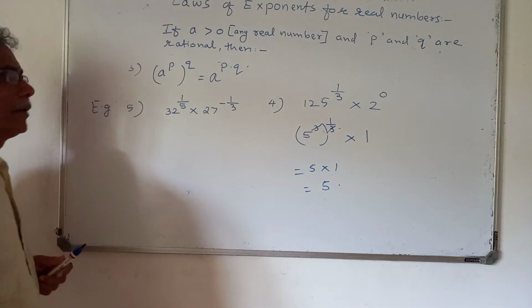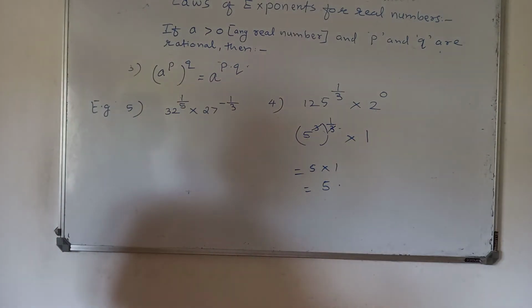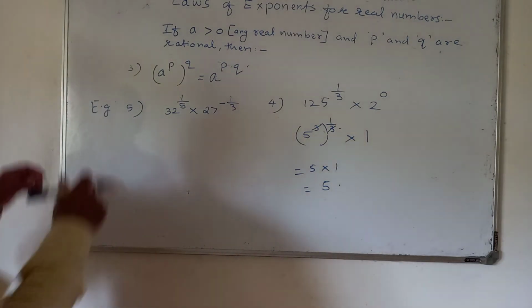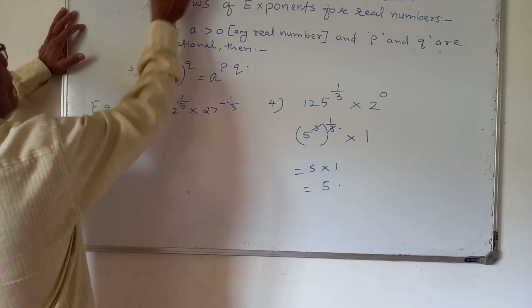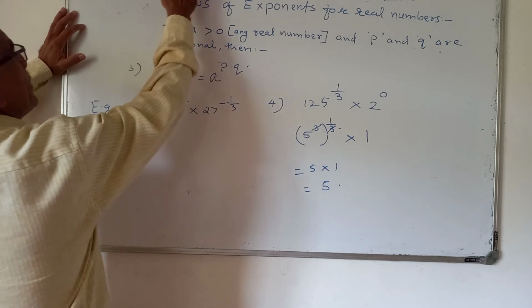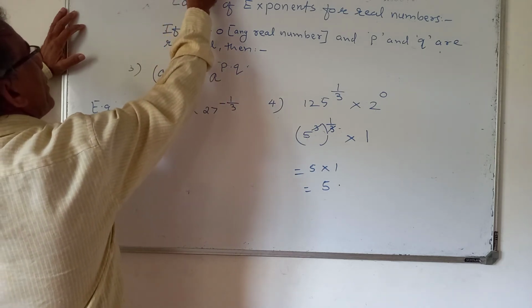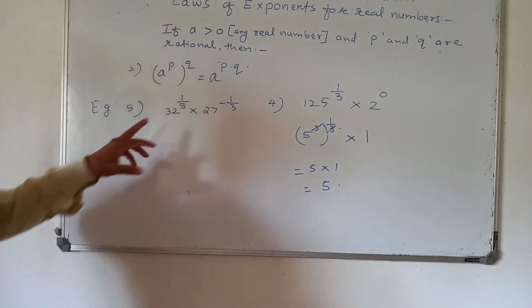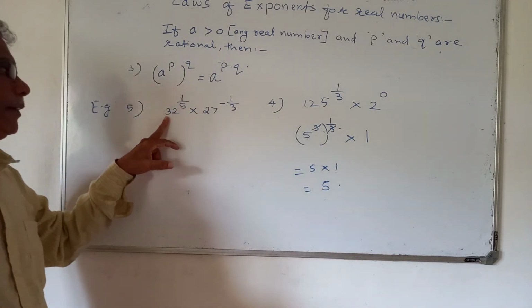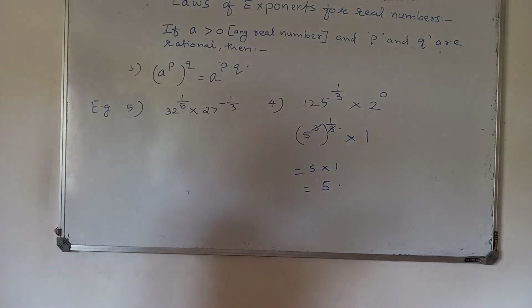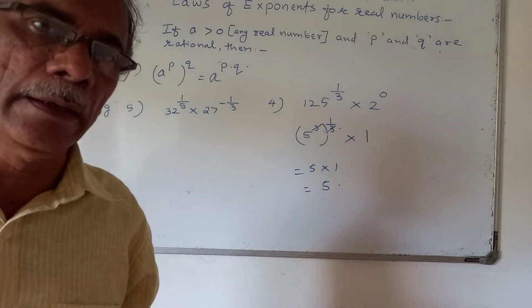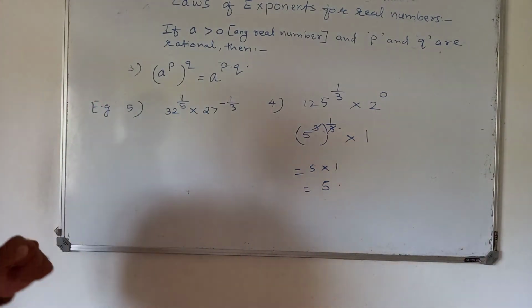So 32 is fifth power of which number? Do you know? See here, 2 into 2 into 2 into 2: 2 to the 4, 4 to the 8, 8 to the 16, 16 to the 32. So if the exponent is 5, then 32 is the fifth power of which number? Fifth power of 2. You should know this. Then only you can write here.